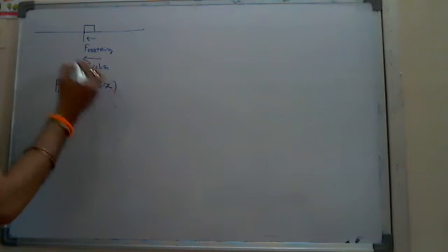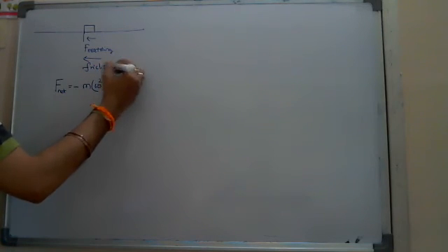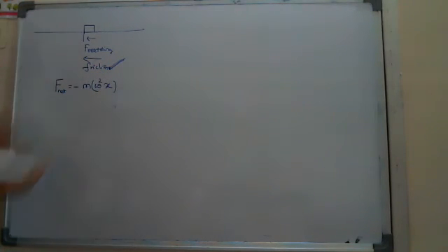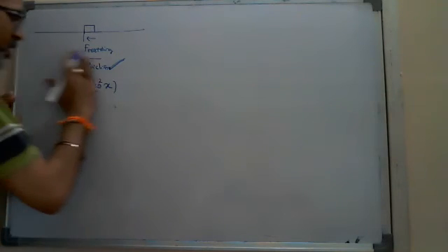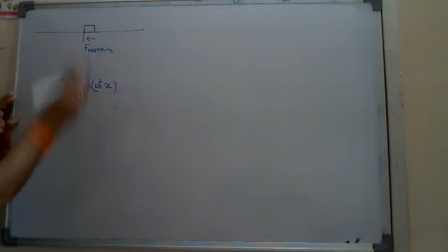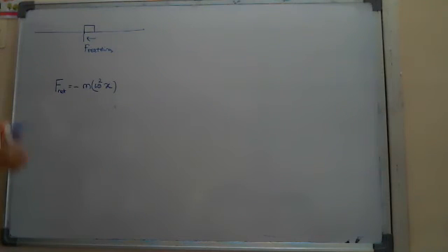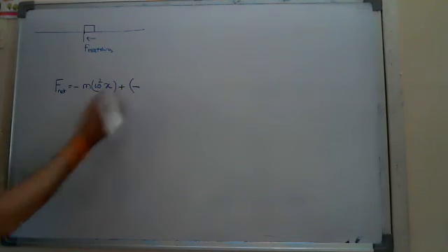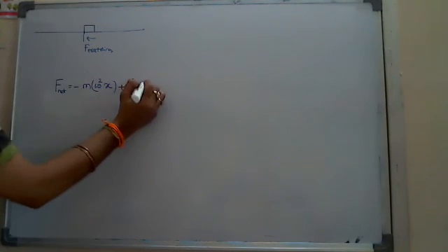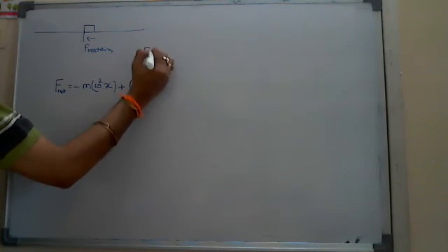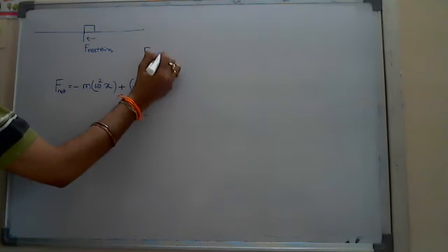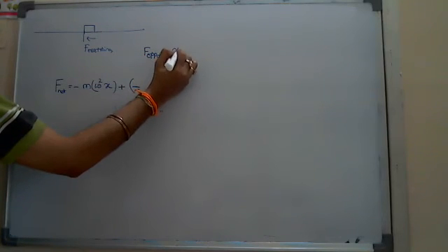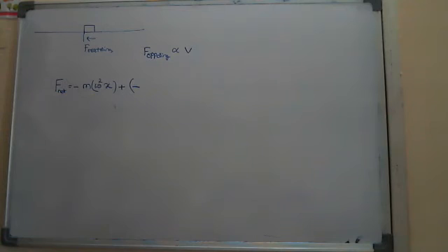When you come to damped oscillations, we have to add these frictional forces, air friction or the friction due to the surface. Suppose that kind of opposing force is given as a function of velocity, means plus some other opposing force, minus, directly proportional to the velocity of the particle.